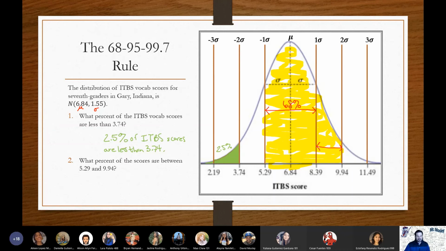I know that from here all the way over is 95%. So I need to find the difference between 68 and 95 and then take half of that, because I only have half of that other added portion of standard deviation.